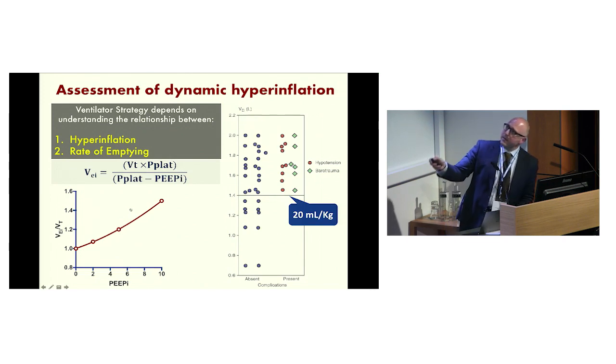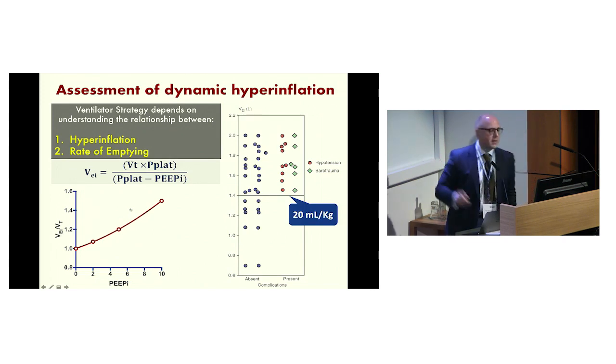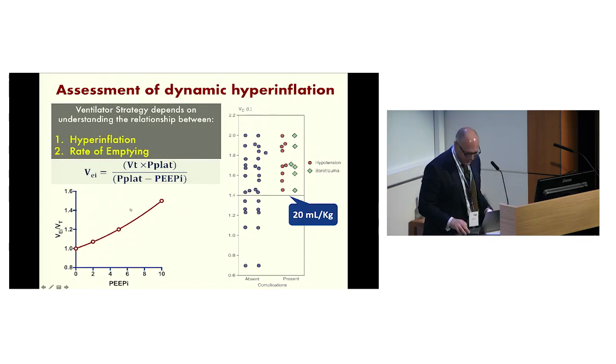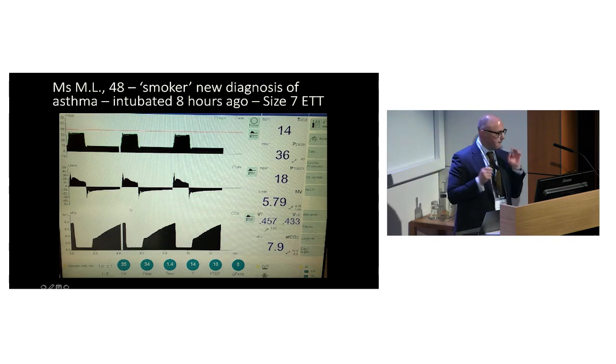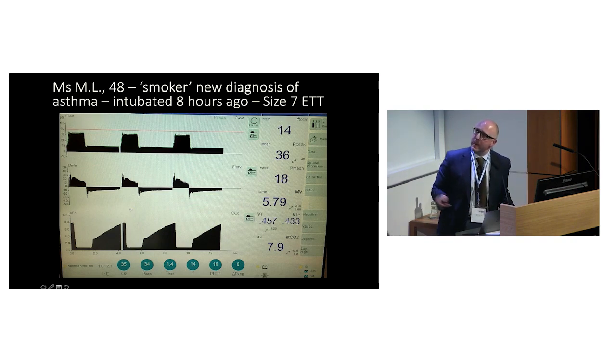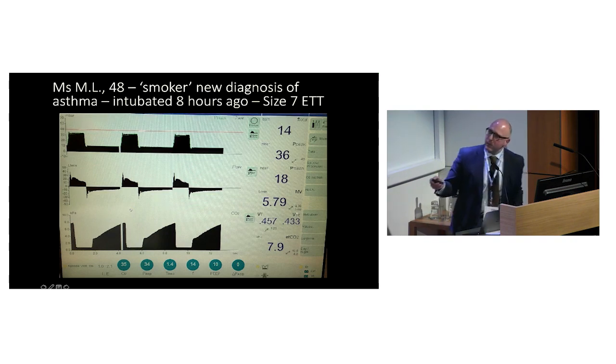And the volume that is trapped in the chest is what causes barotrauma, hemodynamic instability. Okay, so much more important. There is this ratio 1.4 or 20 mils per kilo that has been shown in the literature to be the real cut-off point.